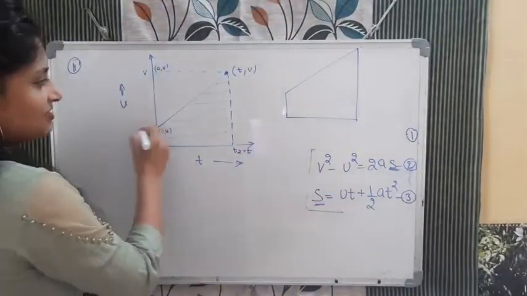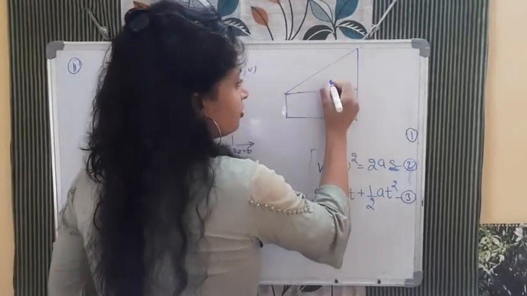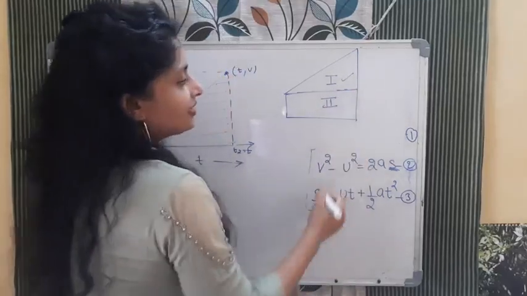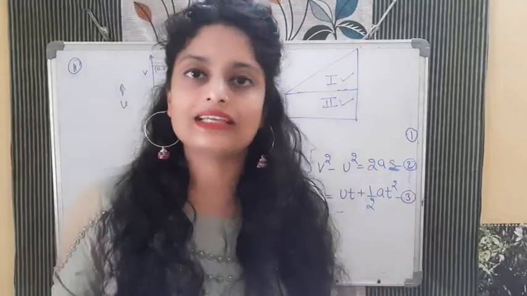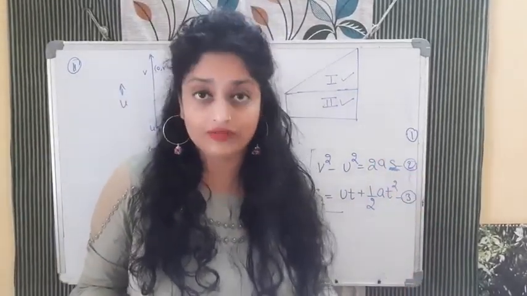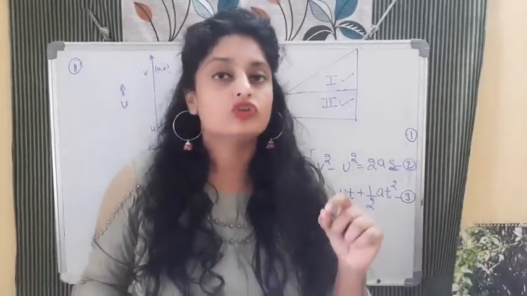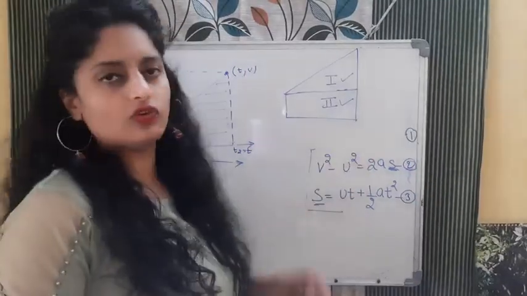And if I divide it from here into two parts, the first part is a triangle and the second part is a rectangle. So in one case we will find the area of the full trapezium, and in the other case we will find the area of the triangle and rectangle and add them. We will get the final result, that is the distance, and we will get the second equation of motion.